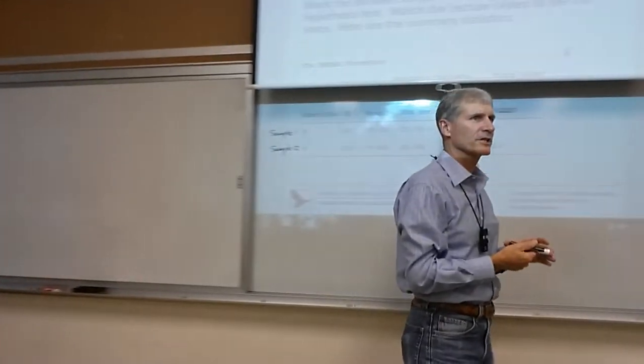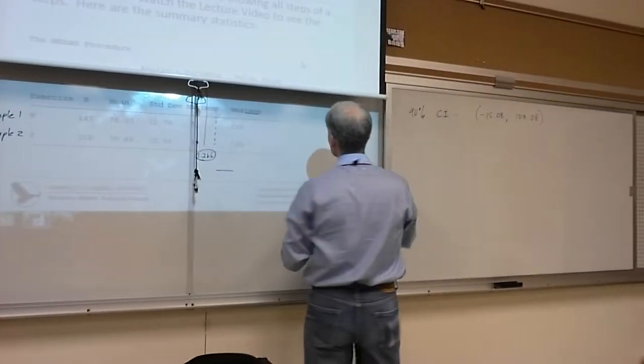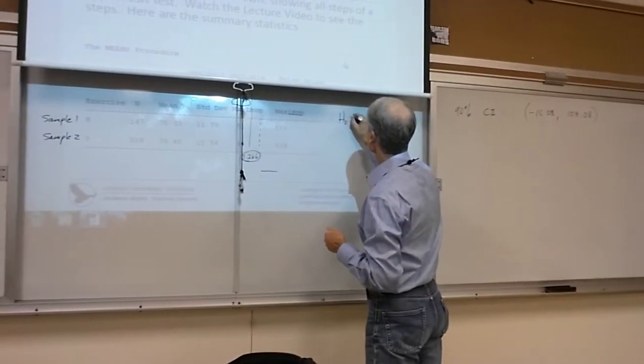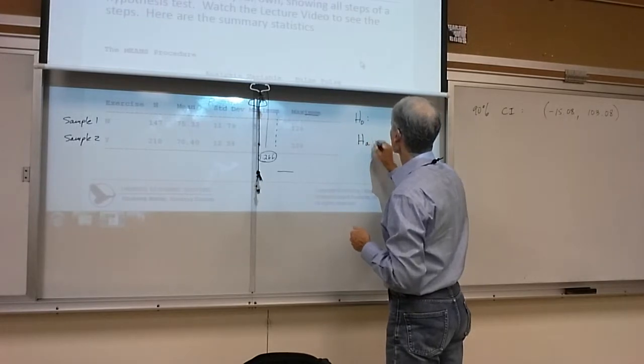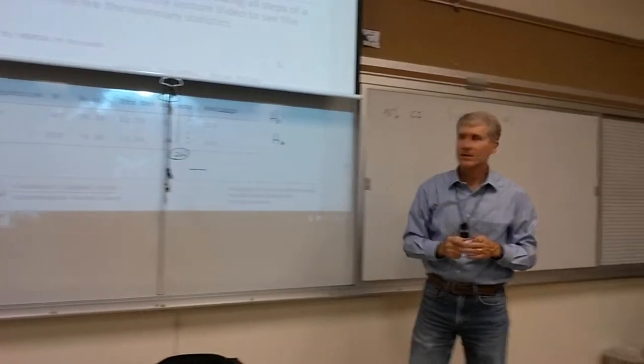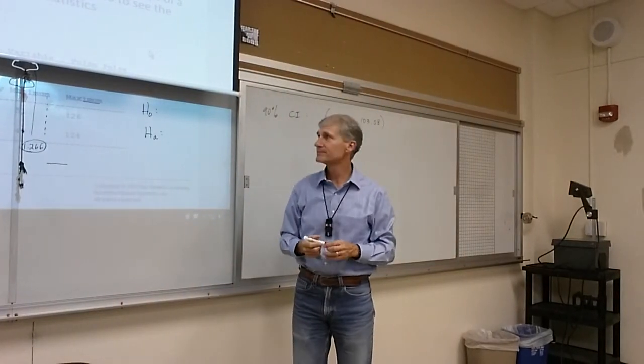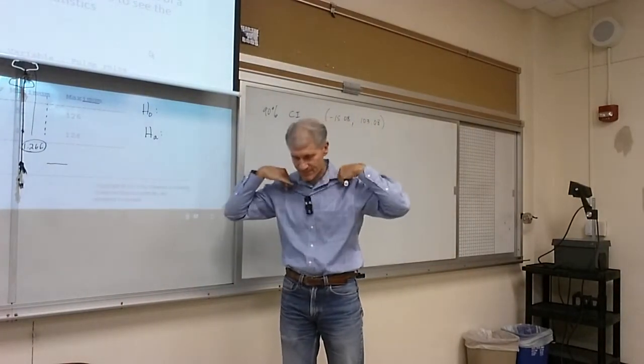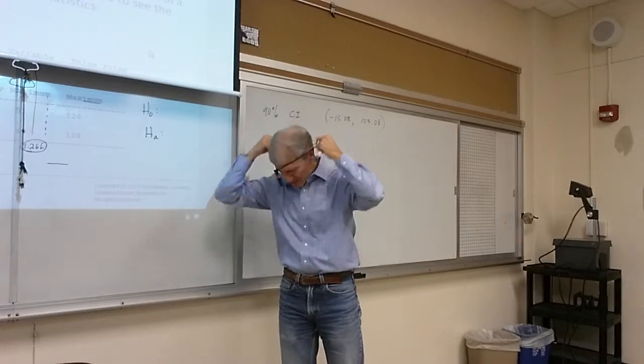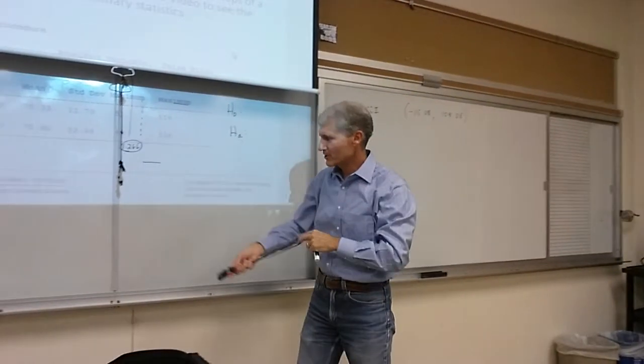Form your null and alternative hypotheses. And you go ahead and do it, and then we'll work it together once you get done. Do you want to go back one slide for a second? What did you need off the other slide?